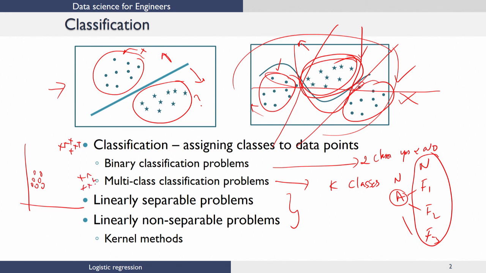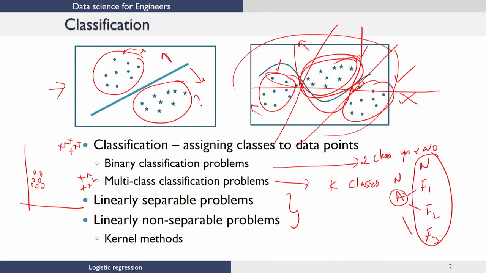So, these are 3 classes. Now, if I want to separate these 3 classes, I ask myself if I can separate them through linear methods.